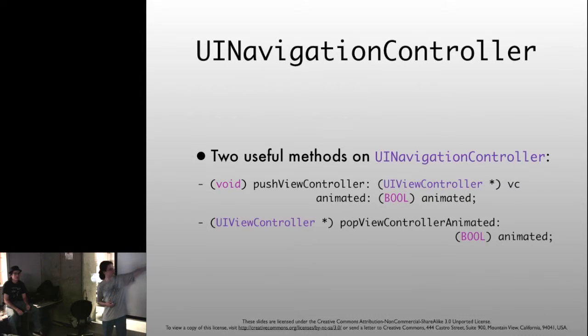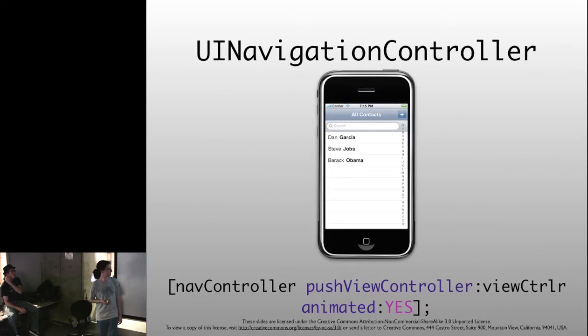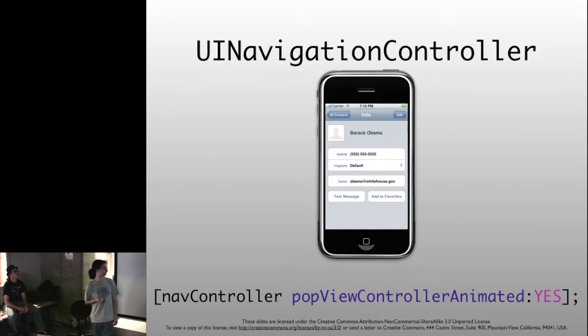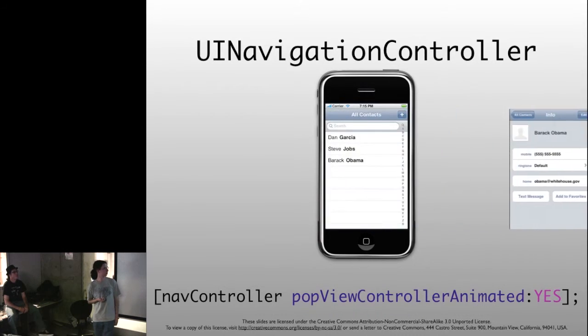So you push another view controller associated with that particular bit of data. And similarly, you can pop a view controller. It's just like a stack, pushing things on, popping things off. And nice sliding animations. If you pop it, it goes away.